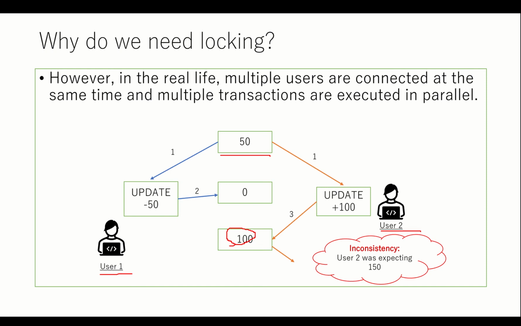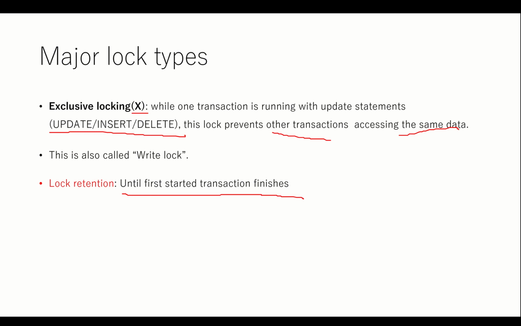Because of this lock, user 2 cannot access this data and waits until user 1 releases this lock. So here we can say that an exclusive lock is being used. This is one of the major lock types.